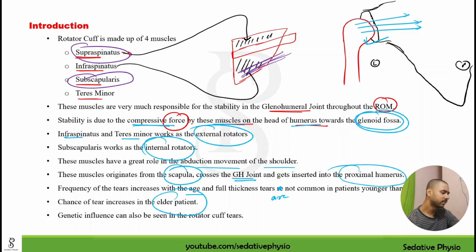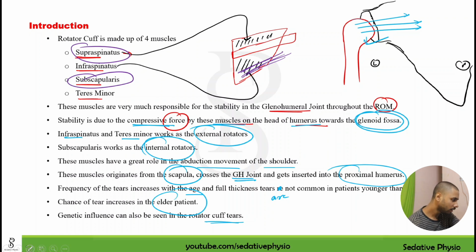Okay, so the chance of tear increases in older patients, and in those patients the complication can also increase. Genetic influence can also be seen in rotator cuff tears. According to different researches and many articles, we can say that genetic influence is also seen, not very much, but a little bit of genetic influence can be seen in rotator cuff tear.